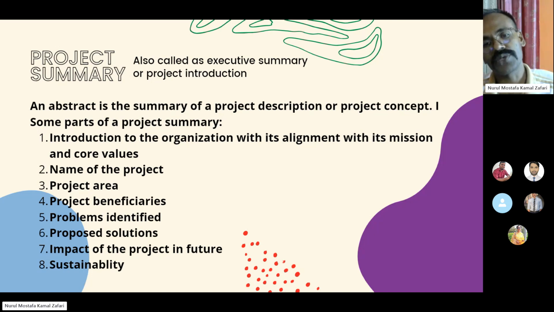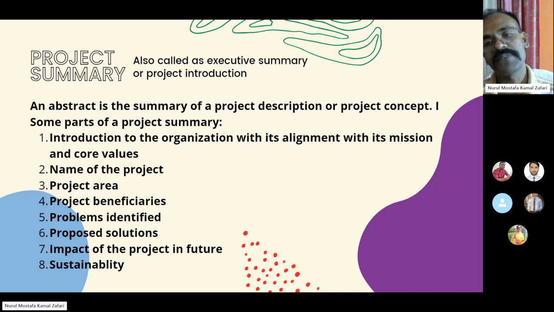One can put only the introduction to the project in this section, but one can also put an executive summary and project summary. At the same time, it can also be expected by the donors. So if the donor's prescribed format dictates to put a project introduction, maybe we'll put a paragraph of 10 to 12 lines.